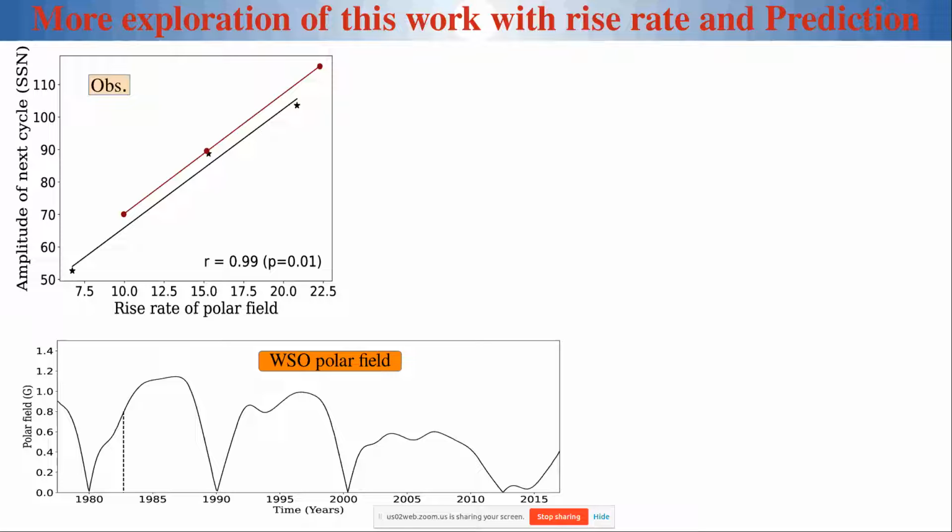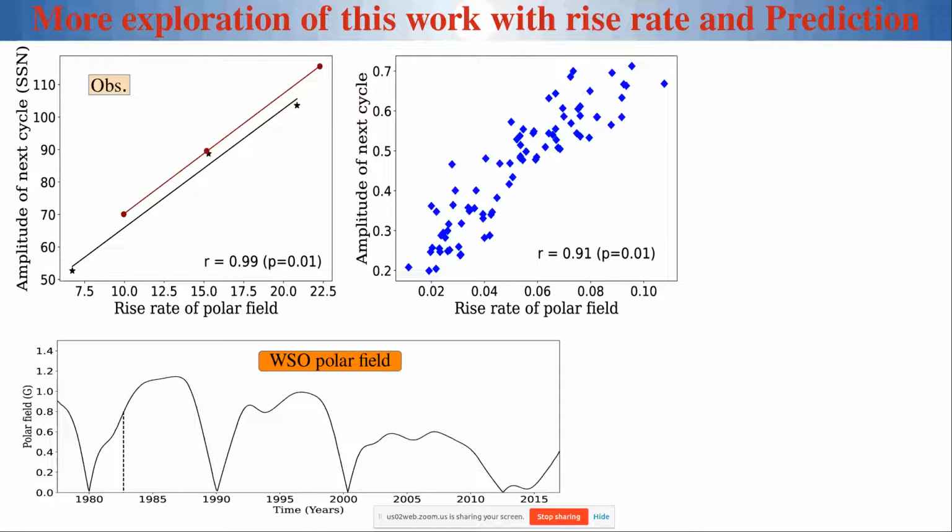If we consider the rates after 3 years, we may not get a correct result, because after 3 years the polar field will get saturated. So this idea we also verified by models.